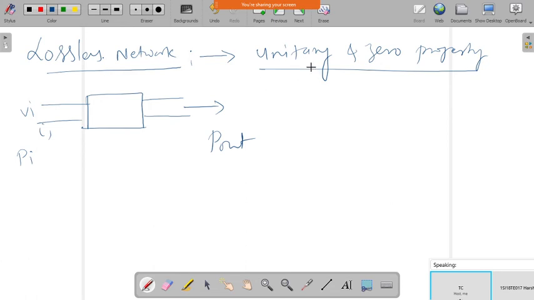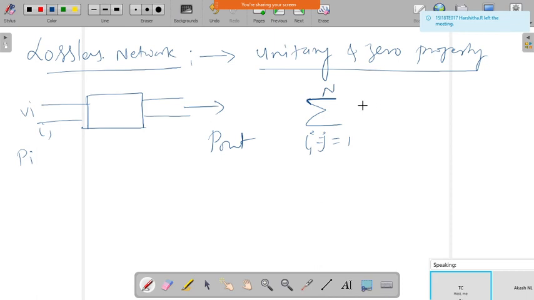When the network is lossless, for an n port network we can have the summation over i, j from 1 to n, of S_ij times S_ij complex conjugate, equal to 1. This is the unitary property.